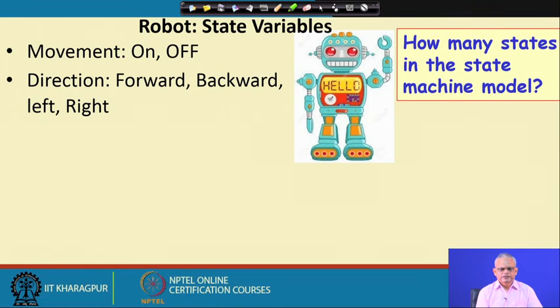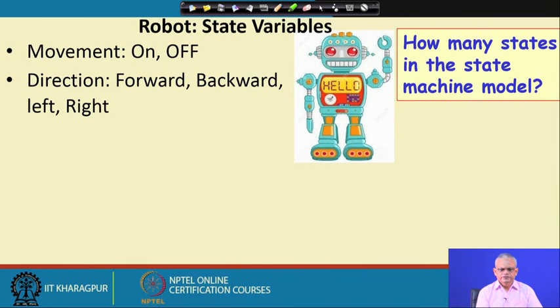So, this state variable direction can take 4 different values, and these are 4 states. Based on these two, for movement there are only 2 states, that is the robo movement on, robo movement off.